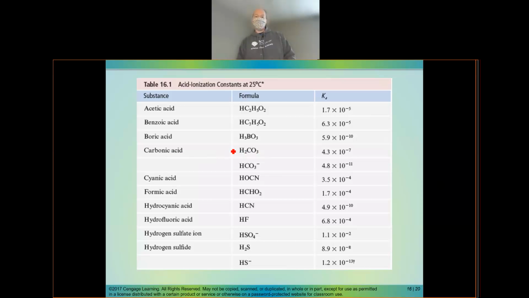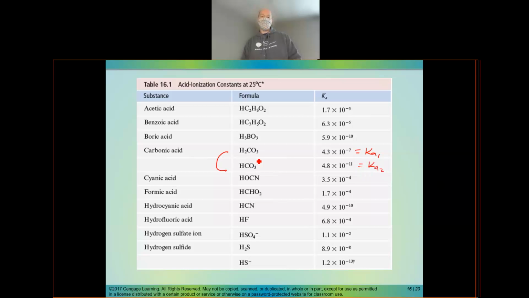So when we look at your carbonic acid, which is a diprotic acid because it has 2 acidic hydrogens, you can take off the first H as a Ka1, so we would call this one the Ka1, and then you can take off your second hydrogen, which we would call our Ka2.